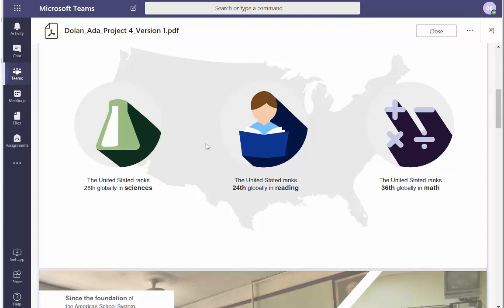So we'll say like Ukraine, Azerbaijan, something like that. Just like ranks 28th globally in sciences, behind number 22 something something. I think that'll drive the point home a little bit further that it's not just about America.